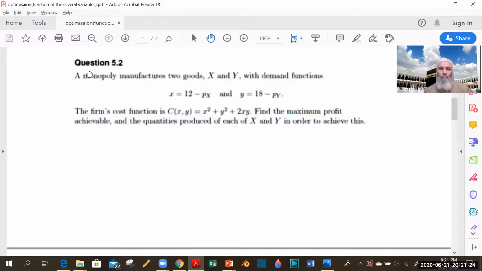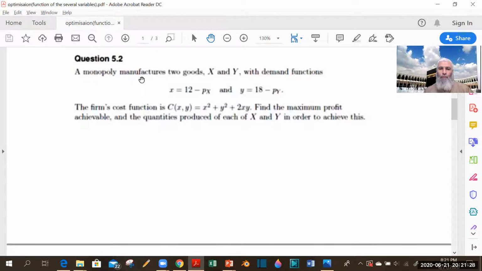Now, question 5.2. A monopoly manufactures 2 goods, X and Y, with demand functions X equals 12 minus PX and Y equals 18 minus PY. The firm's cost function is C(X,Y) equals X squared plus Y squared plus 2XY.